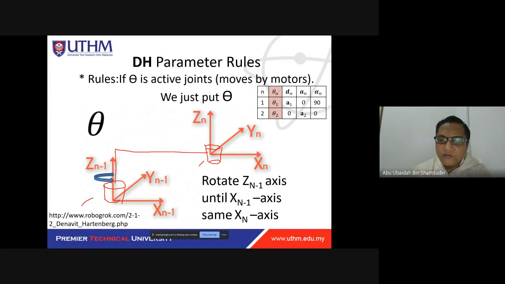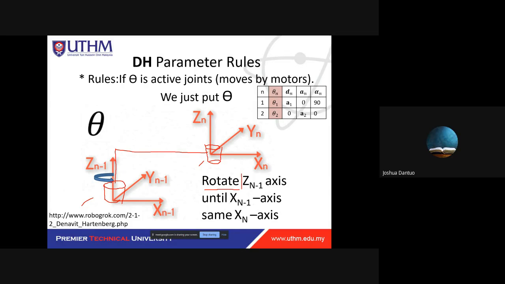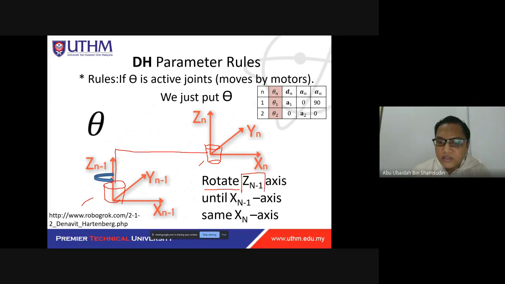To define this parameter, we need to rotate the frame about the Zn minus 1 axis, so that the axis Xn minus 1 is the same as the Xn axis. The tricky part is the n minus 1 and n. This is n.